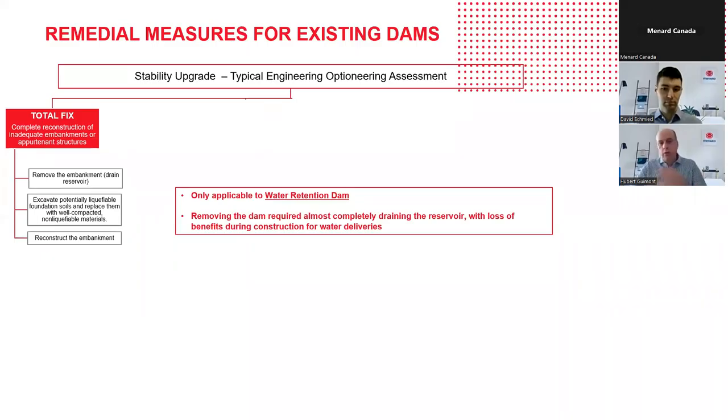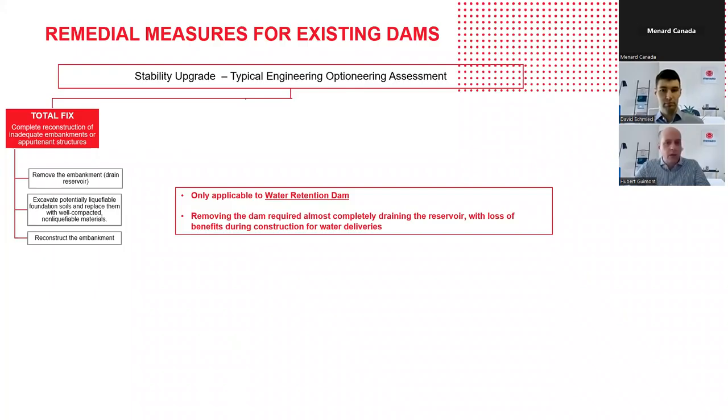We'll go through a very large summary here. The first option: let's say you have an existing structure and it doesn't meet the stability criteria, or you have lower safety factors. One of the most extreme solutions would be a total reconstruction.